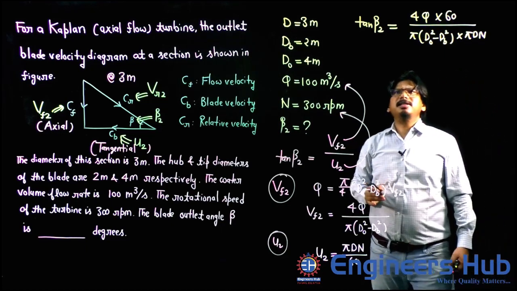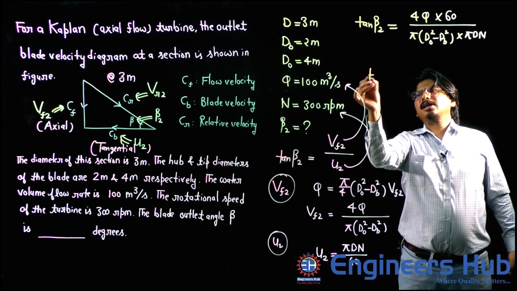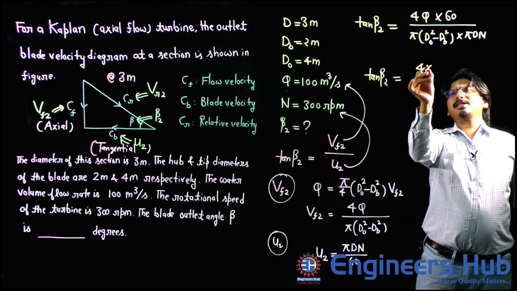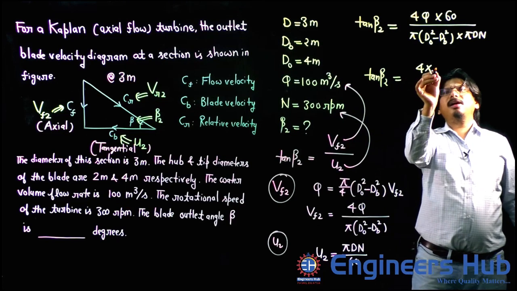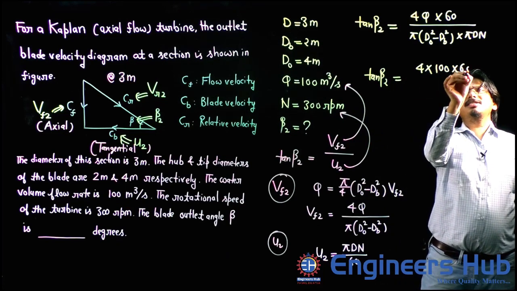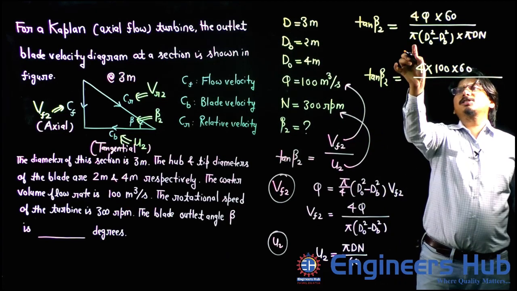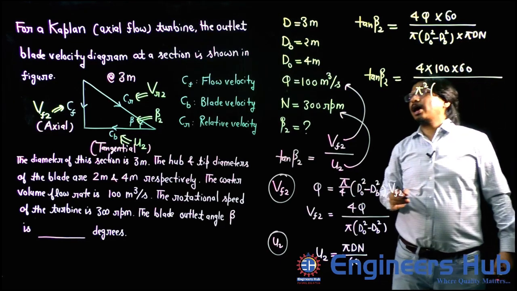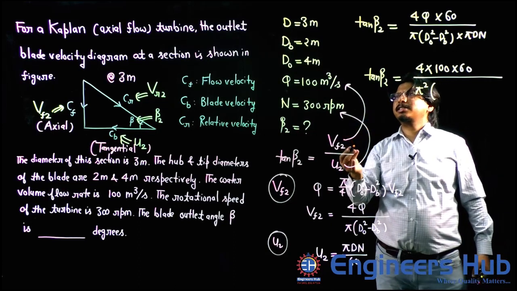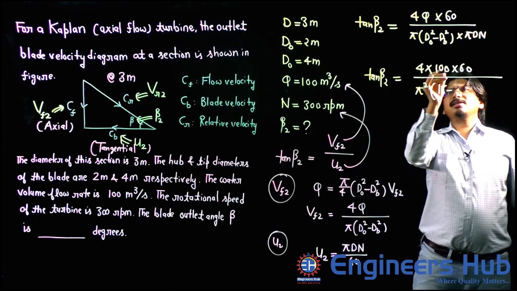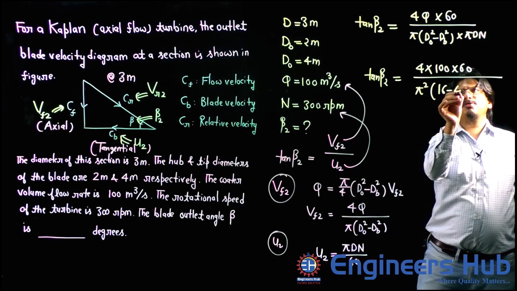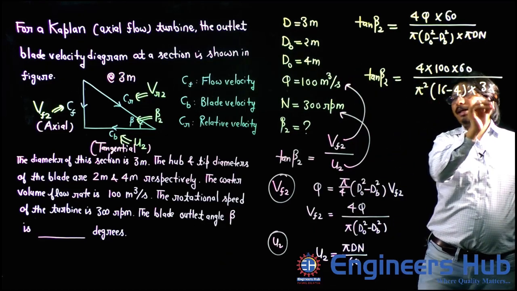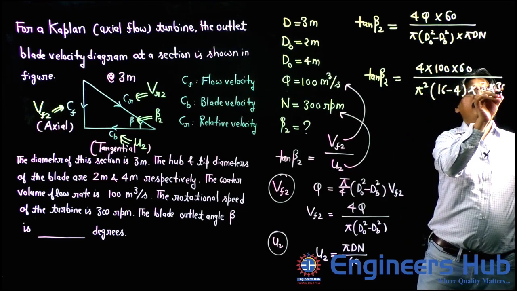Substituting the values: tan beta 2 is equal to 4 into discharge 100 into 60, divided by pi, and this pi becomes pi square, into dO square, where dO is 4, so 16, minus dB square, 2 square is 4. D is 3. N is 300.